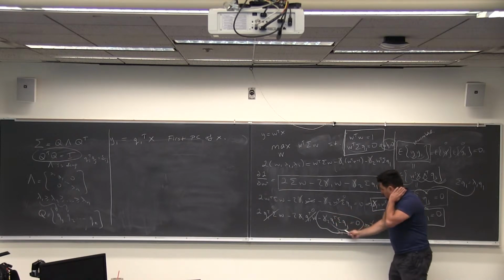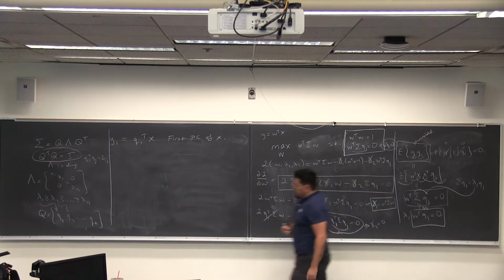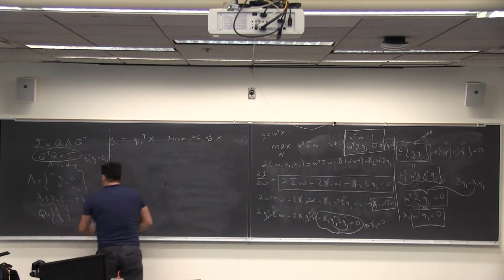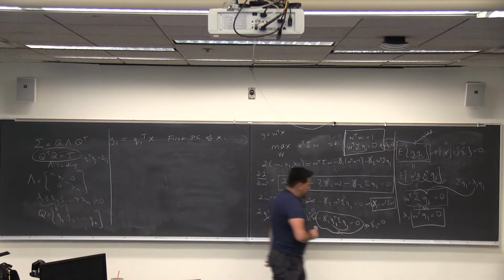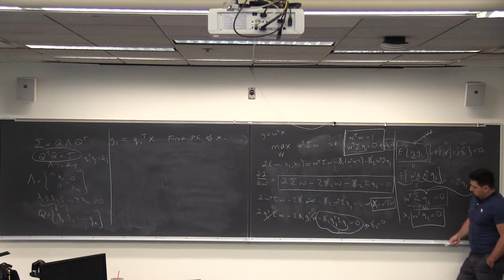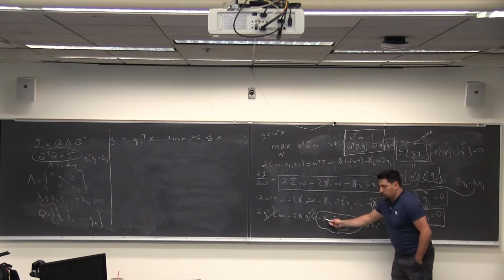Here, Q1 transpose sigma Q1, this is lambda 1, the largest eigenvalue here, which is hopefully greater than 0. Otherwise, you don't have any variance to maximize. Right? So when this is positive, that means gamma 2 must be 0.